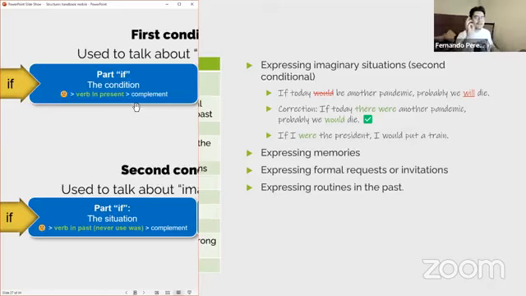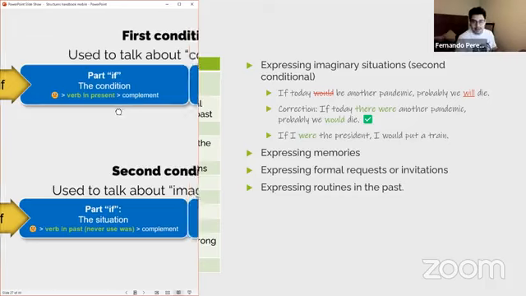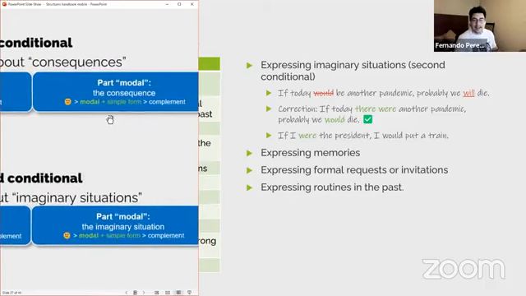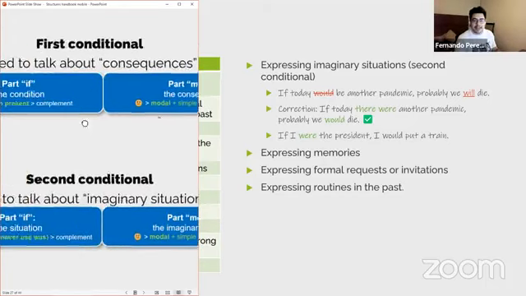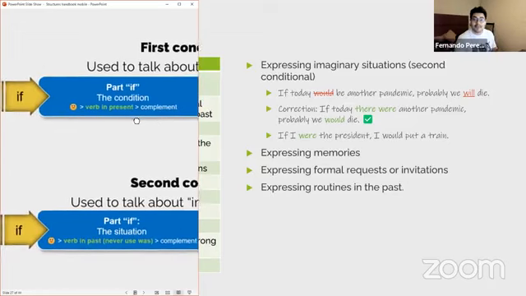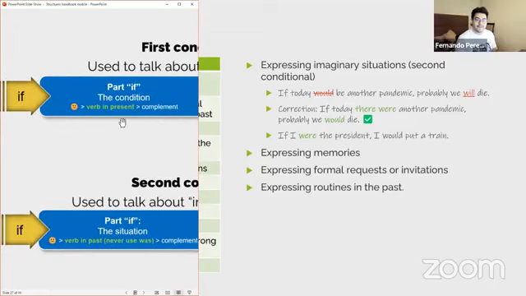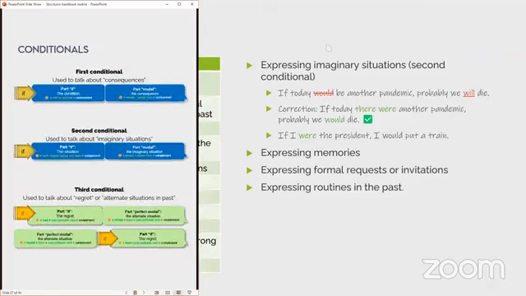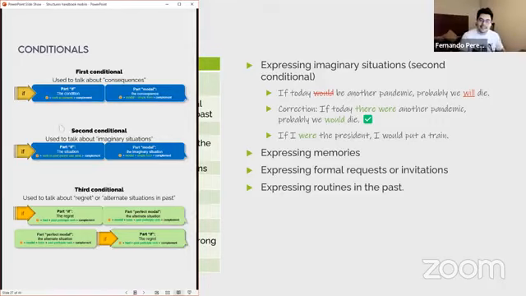If I become the president, I will put a train. In this case it is "will" and the verb in present because I am making a promise for the future. It changes because it's the consequence, not the imaginary situation. Correct.